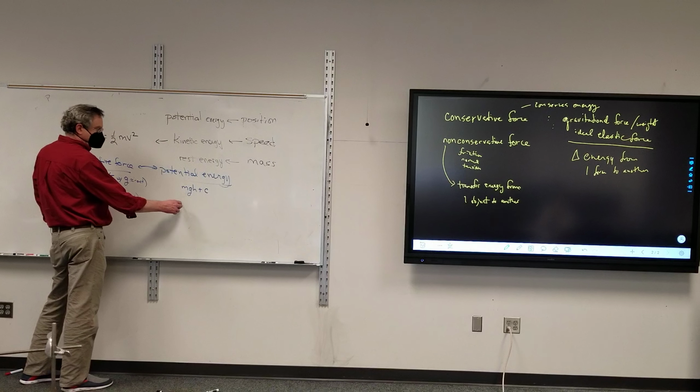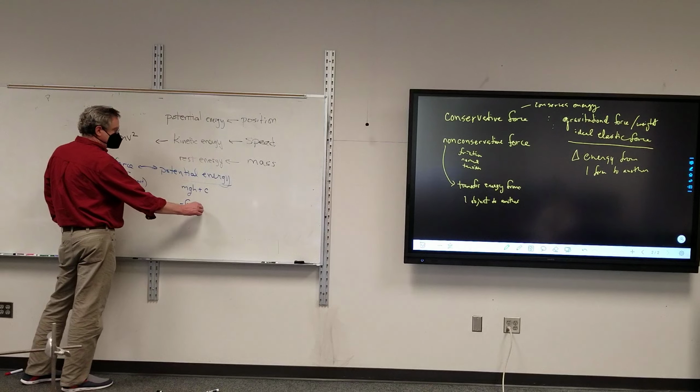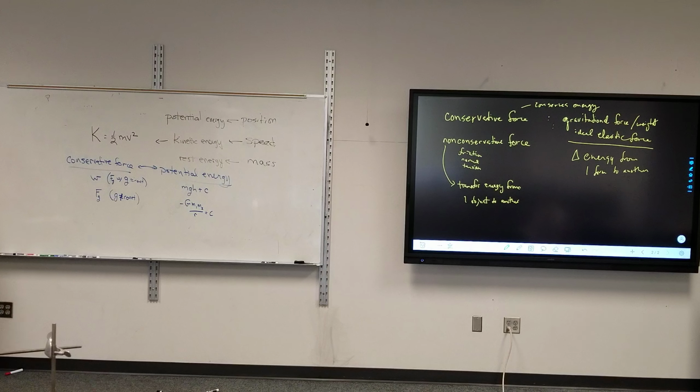The formula: negative big G, mass 1, mass 2 over R, plus a constant. The M's are masses, R is the distance between the two objects, and big G is the gravitational constant. We will get to that later. I'm just giving you the formula for right now. Something to file away, and later on, when we get to the big G, you'll be immediately thinking of the potential energy formula.